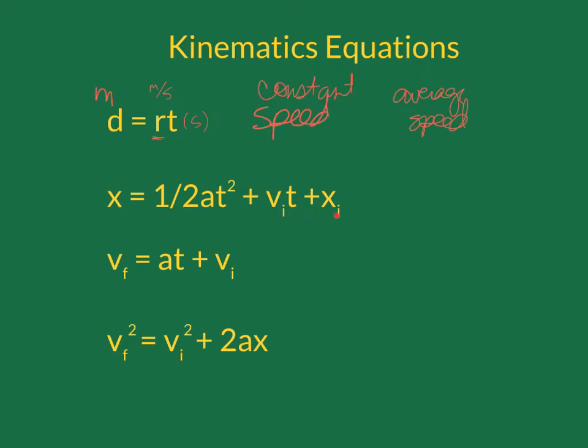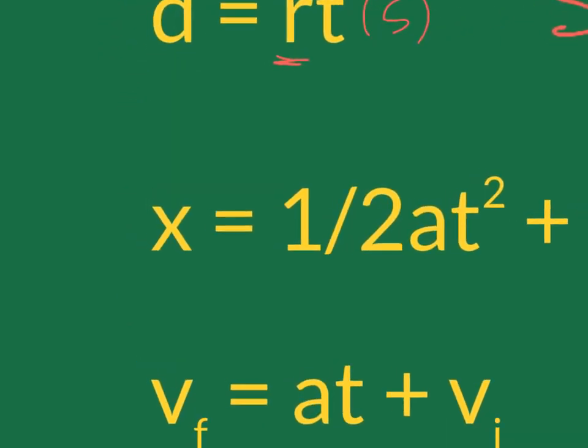So this is like your starting position, and this is your ending position. Now, most of the time, your initial position is going to be 0. So your x over here is going to be your displacement. So make sure you get that straight. This is going to be displacement. I guess I'll write that in for you. Displacement.